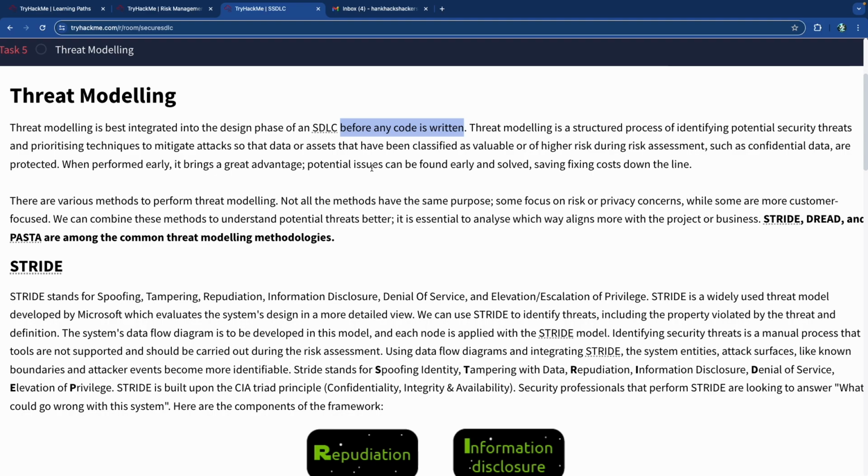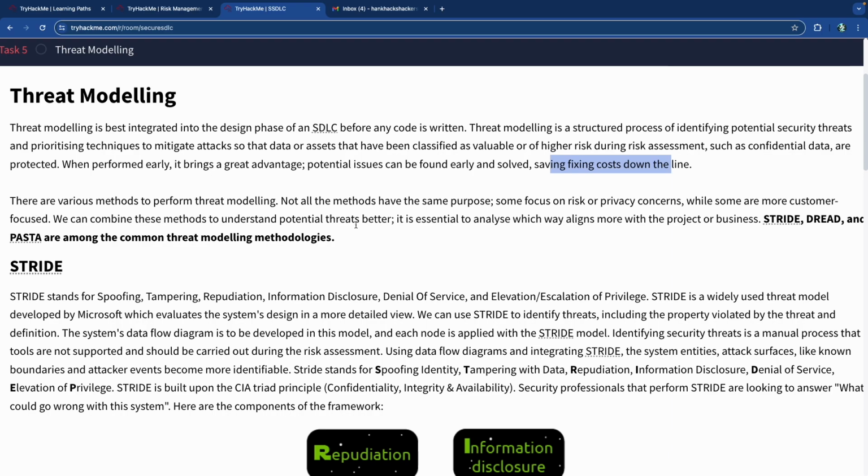Threat modeling is a structured process to identify potential threats and prioritize the techniques to mitigate those threats, so that data or assets that have been classified as valuable are taken care of and protected. When performed early, it brings a great advantage, which means potential issues can be found early and solved, saving the fixing costs down the line. As we established earlier, the earlier you do this, the cheaper it is to fix the stuff.